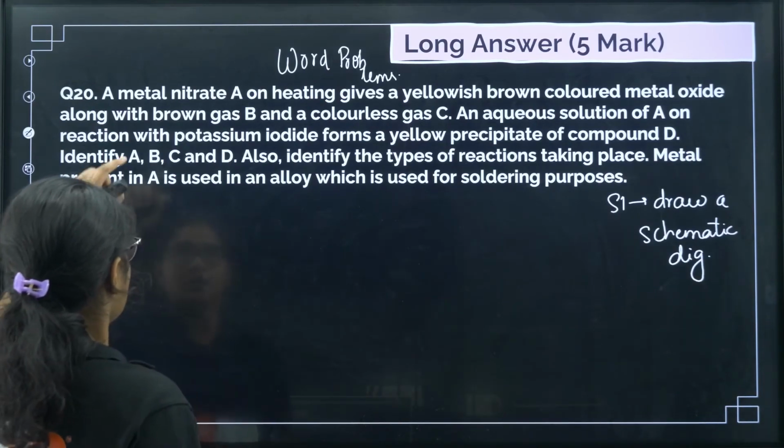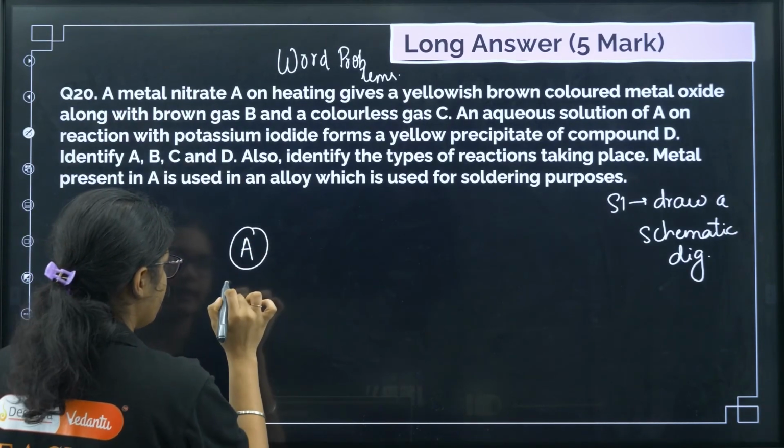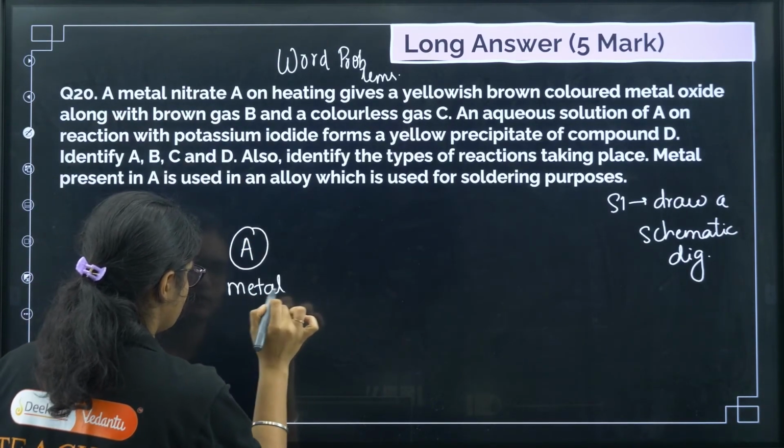Now see, a metal nitrate A. So what is A? A is a metal nitrate.